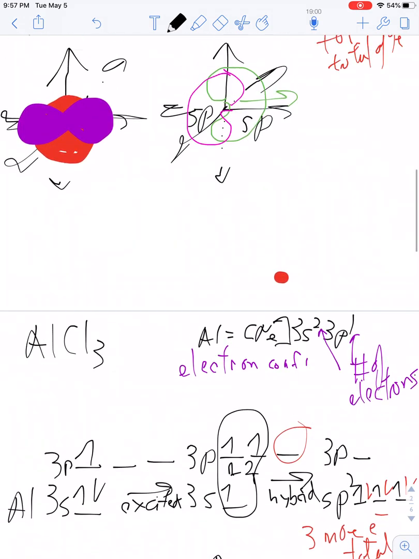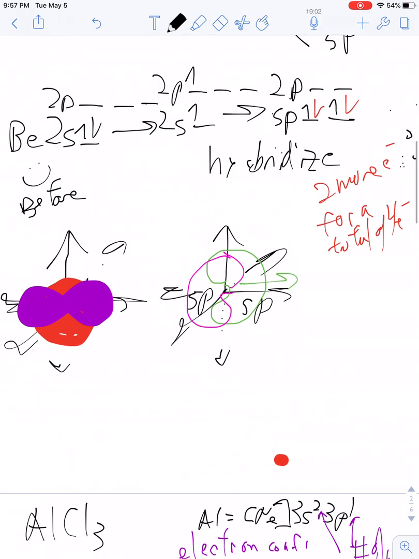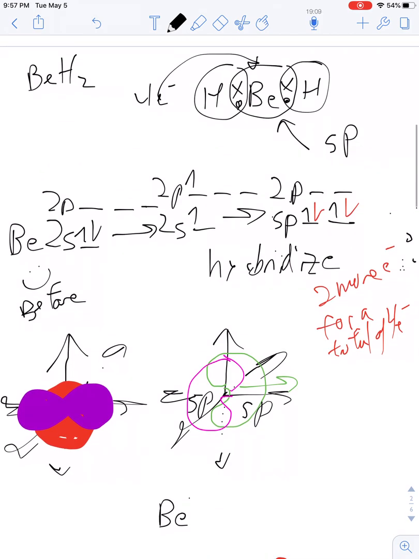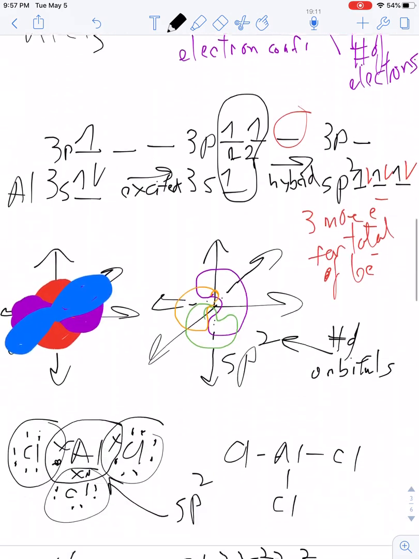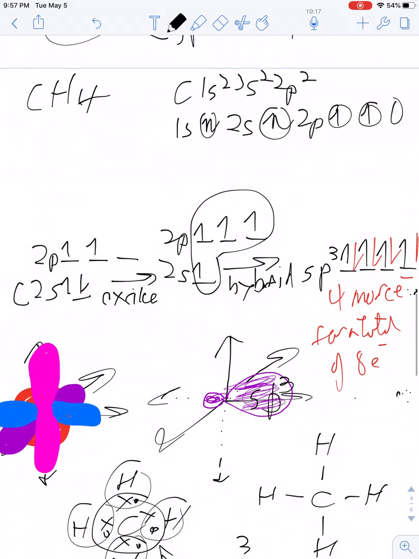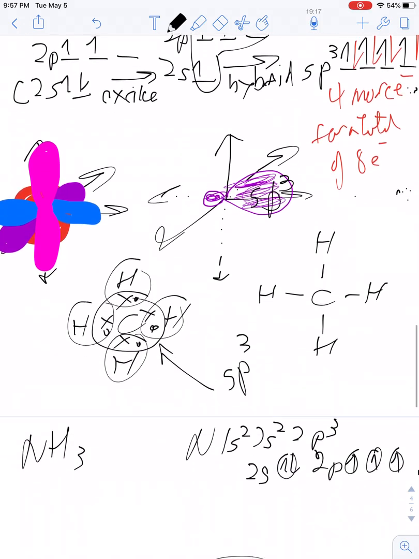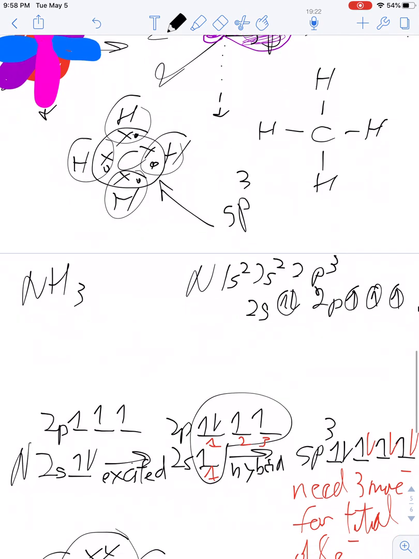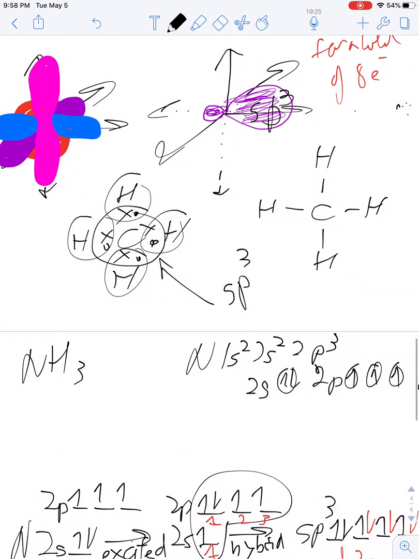The hybridization on my beryllium is sp. Now before you start saying, oh my god, this is impossible, how am I going to do this? To figure out the hybridization on your central atom, all you have to do is be able to count the number of things that are attached to it.